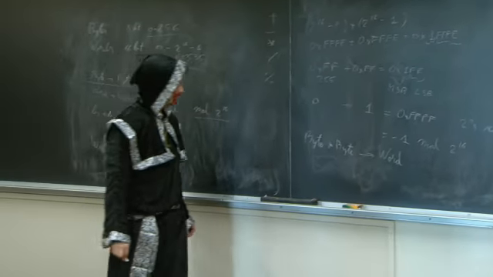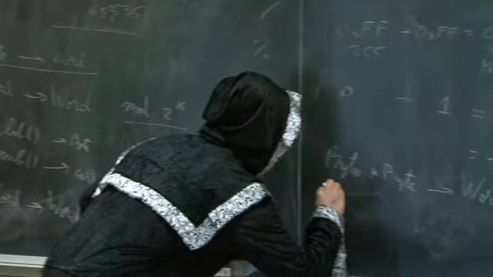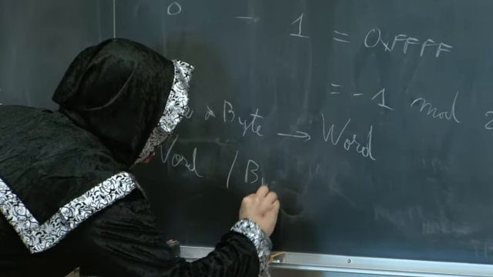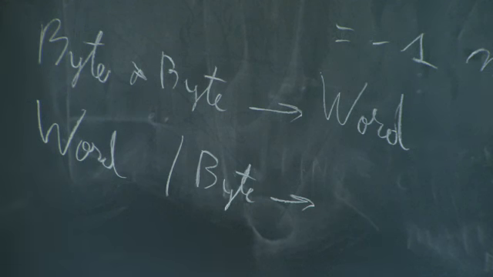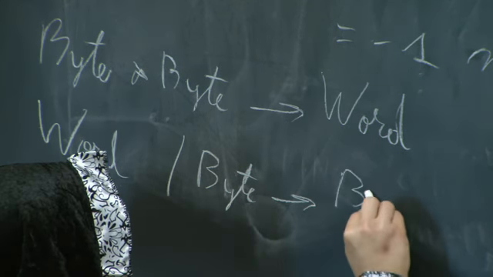How about division? What can you divide? 2 words. Almost. A word divided by a byte. What do you get out of it? That would be nice. Nope. Sorry, you get a byte.